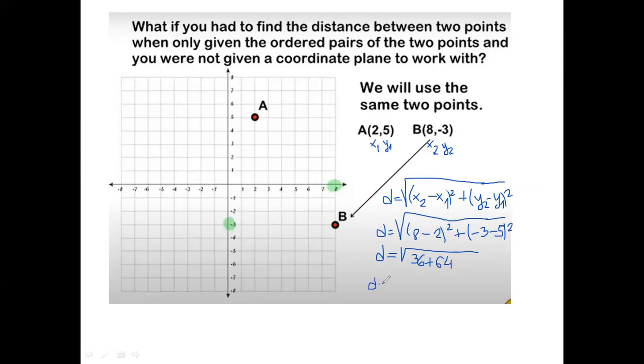So the distance D will equal the square root of 100. So again, we are getting the same result, that the distance between the 2 points will be 10 units. Okay, I think it is clear to everyone? We get the distance between the 2 points the same way. They're the same coordinates, so we need to get the same distance. Okay.